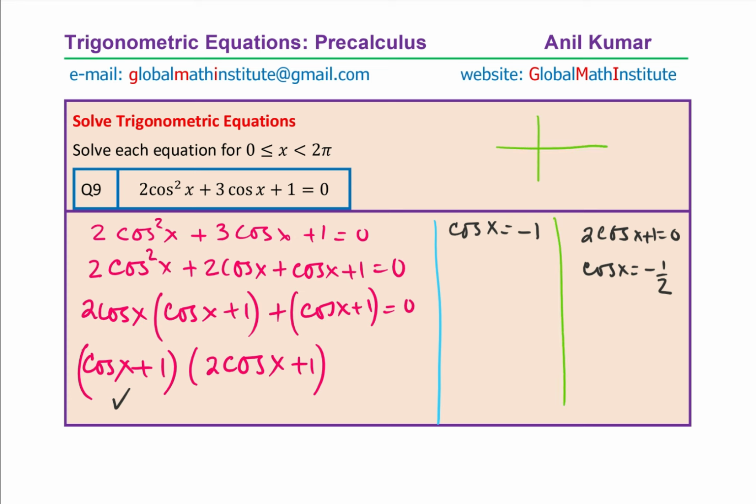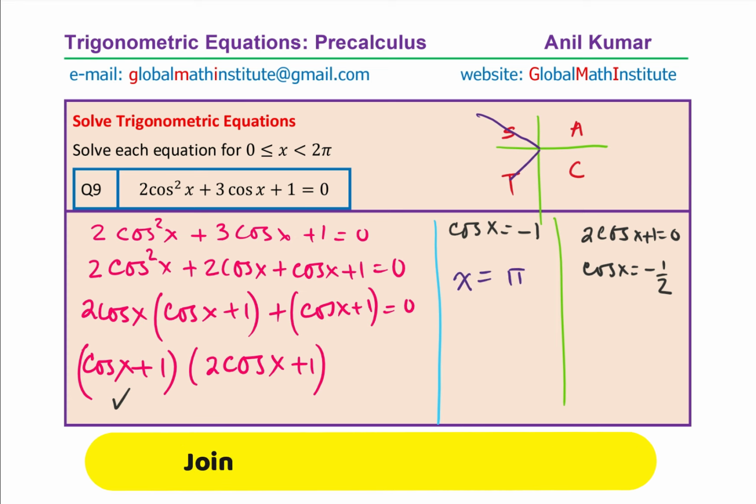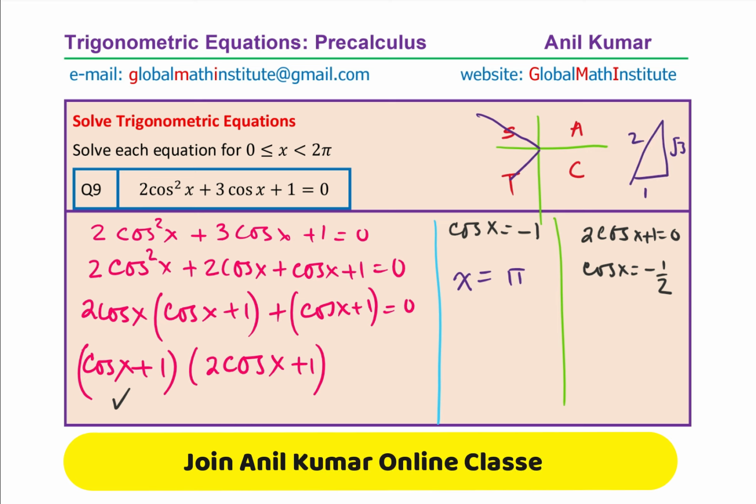As you know, cos x being minus half means you're looking for solutions in quadrant 2 and 3, right? This is for minus half. And for minus 1, we know cos x is minus 1 for pi, right? So x is equal to pi, that is for minus 1. And for half, again, we have this special triangle, 1, 2, square root 3, pi by 3.